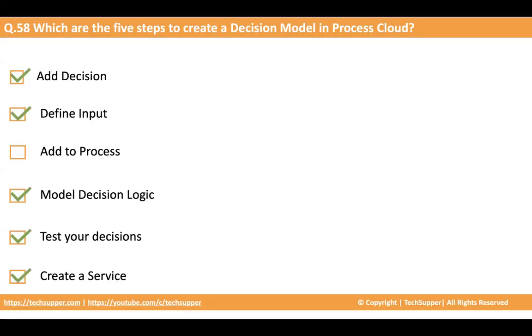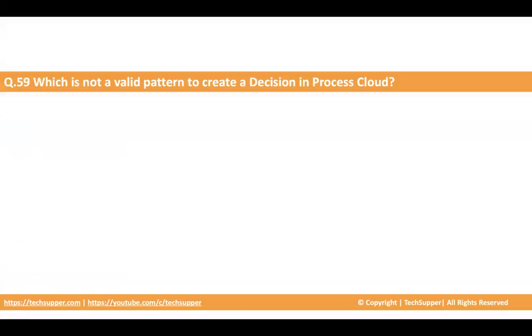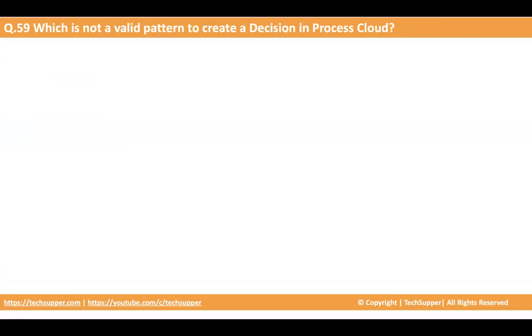Okay, let's get into the next question. The next question is, which is not a valid pattern to create a decision in Process Cloud? So when you create your decisions, there are some patterns that you have to use to create your decisions. So which is not a valid pattern? The options are expression, logic, decision table, function.